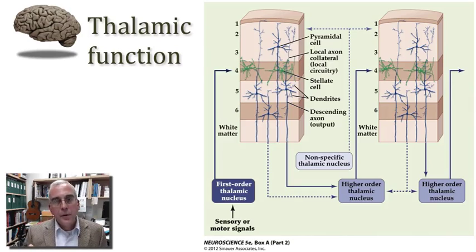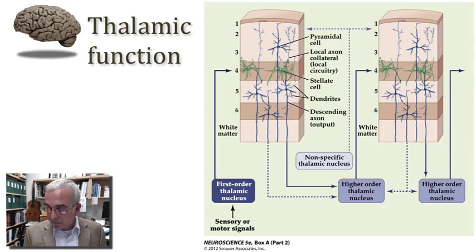In fact, those divisions of the cerebral cortex that are dedicated to processing inputs about a particular sensory modality, such as the somatic sensory cortex, the visual cortex, they are considered primary because they're the first cortical area to receive input in this ascending sensory stream. And the reason they're the first is that they are the recipients of a specific set of thalamic inputs that arborize in a particular sector of the cerebral cortex.